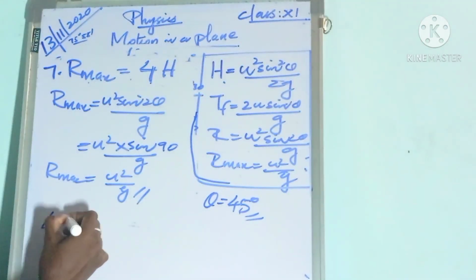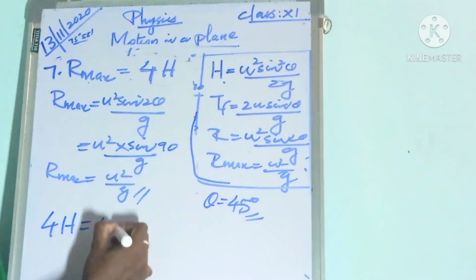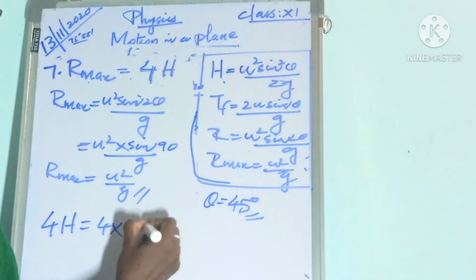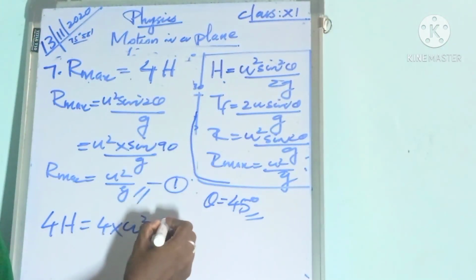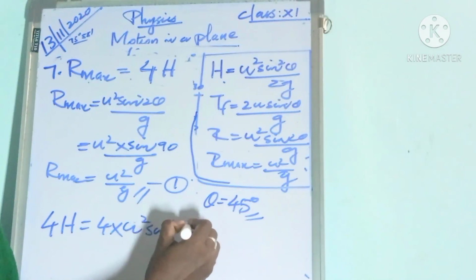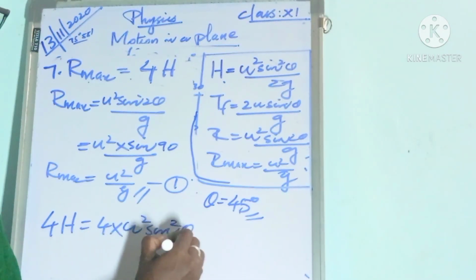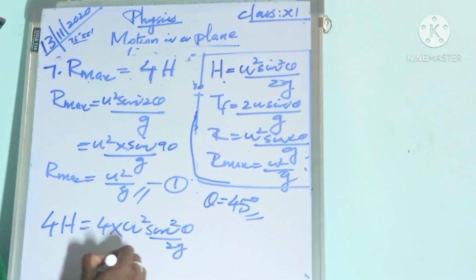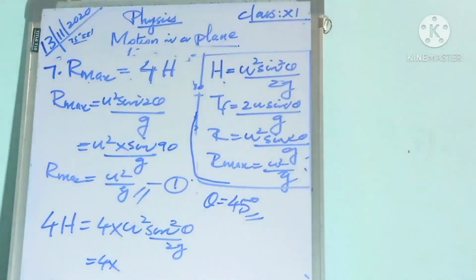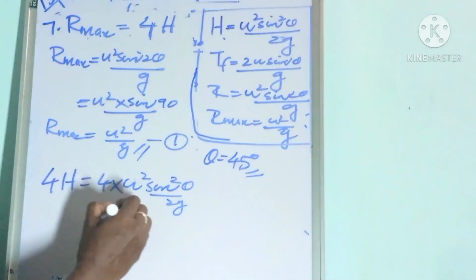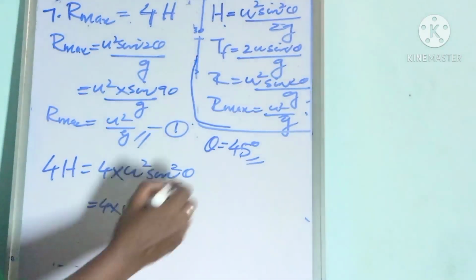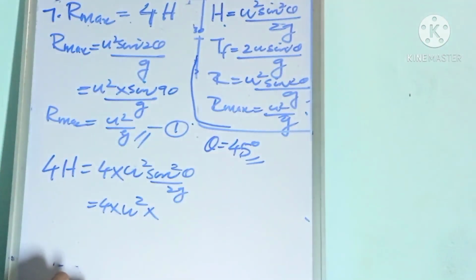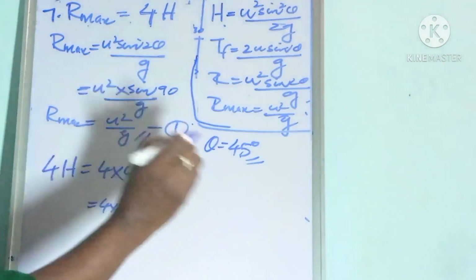Okay, so next we can find 4h. So 4 into, what is the equation for h? u square sin square theta by 2g. That is equal to 4 into u square into sin square 45 degrees divided by 2g. Sin square theta can be written as sin theta into sin theta.